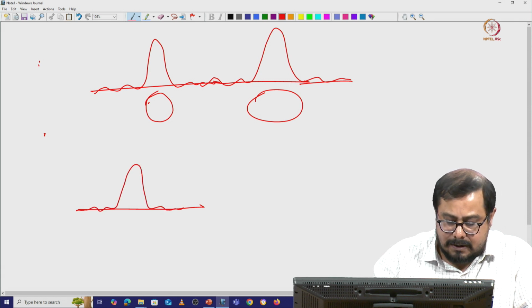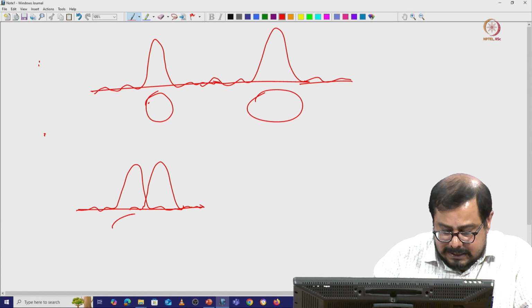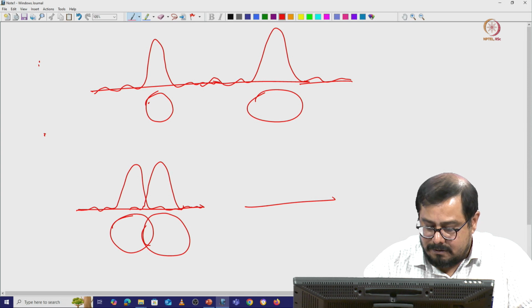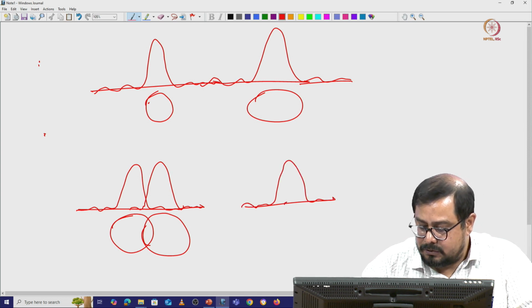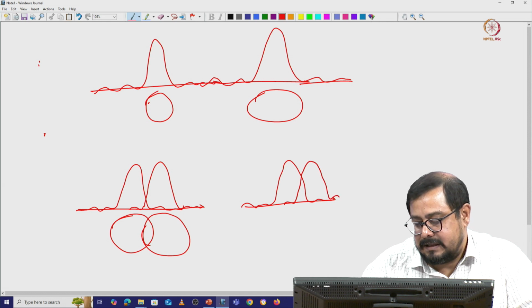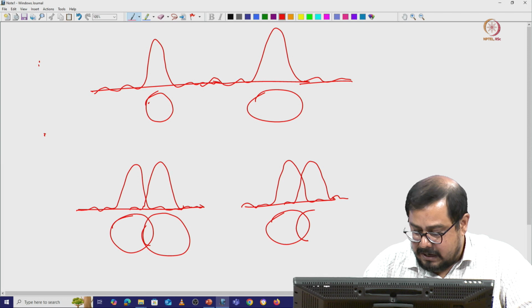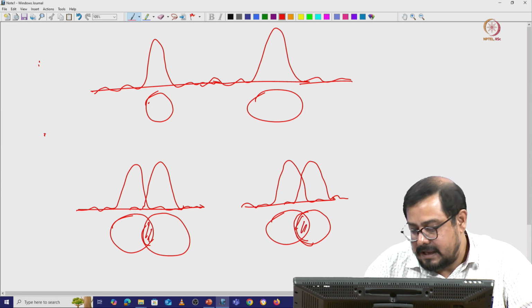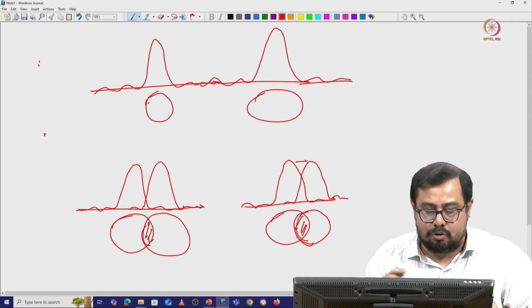One peak will come like that, and the other one like that, so there is one Airy disc here and another here. The other possibility is this: there is a peak, and they are merging. In this particular case you can see these two Airy discs overlap with each other more. If we consider this area and this area, it is more because these two peaks are much more overlapped with each other.